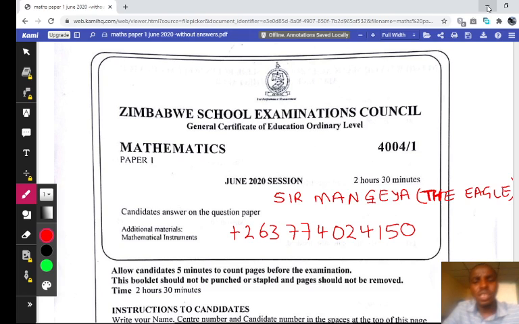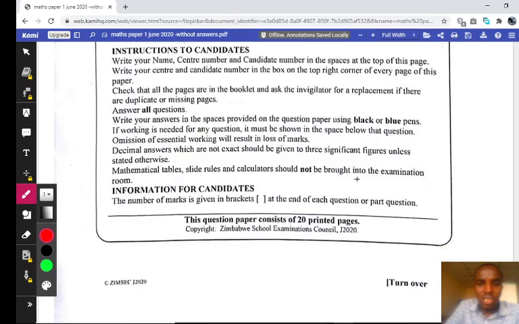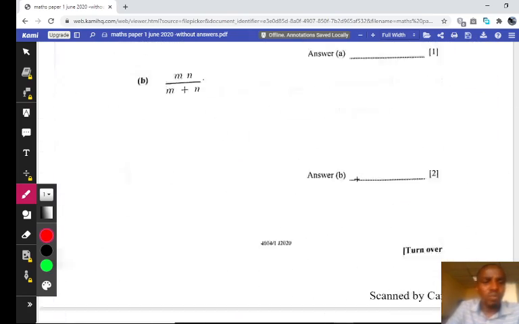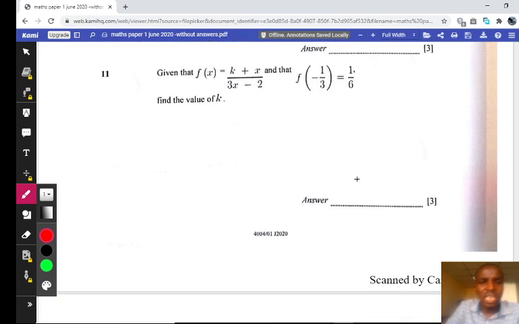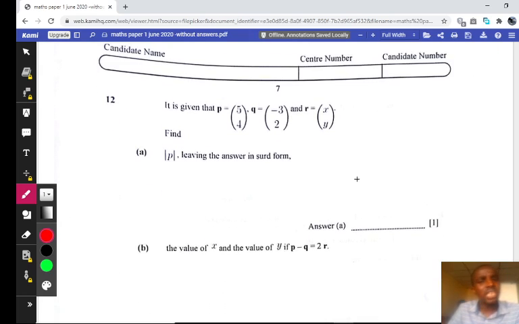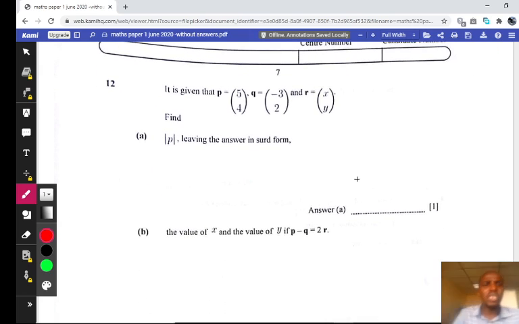Combine it with this one, then you are good to go. On this part, I work out right away from question number 12, so let me go down to question number 12. Make sure you find the first part up to question number 11, right? The video is there on my YouTube channel.